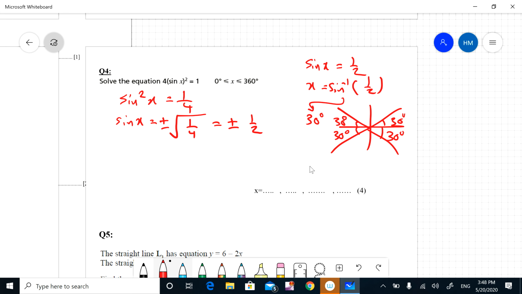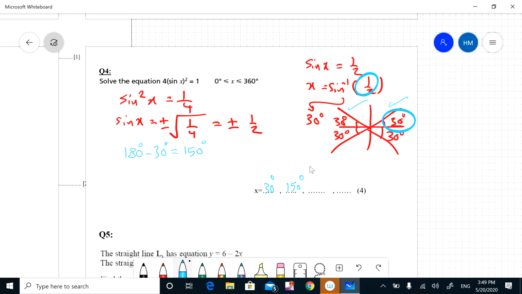Because sine x is positive, so sine is positive, as I told you before, in the first and second quadrant. In the first it is 30, so you can put 30. In the second quadrant, the angle is not 30, it is an obtuse angle, so it is 180 minus 30. 180 minus 30, the answer is 150 degrees.